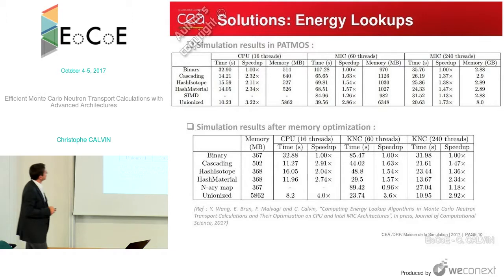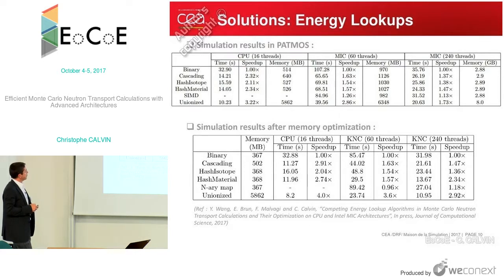So we made some optimizations, especially on memory and the way we deal with the data, in order to obtain exactly the same memory footprint depending on the architecture. And we also obtain some interesting speedup with this version.